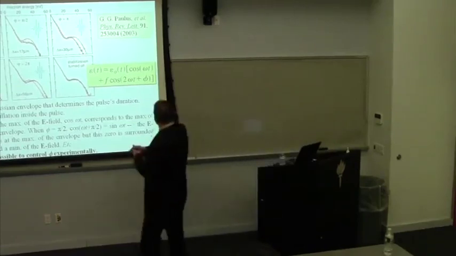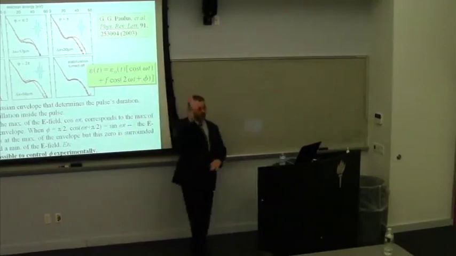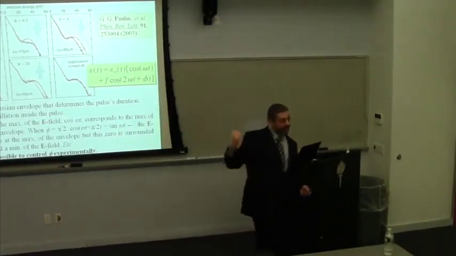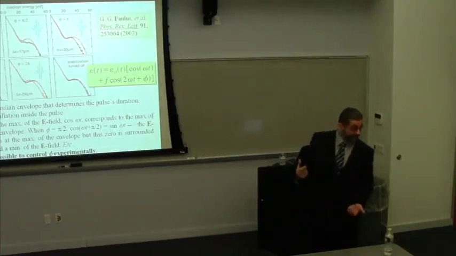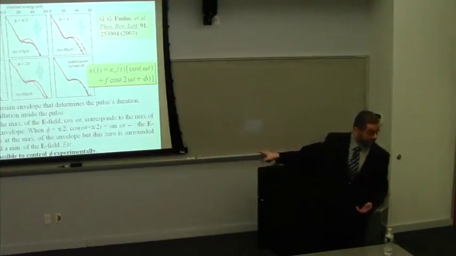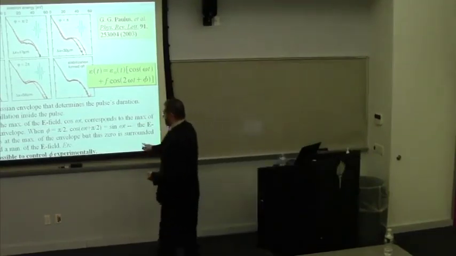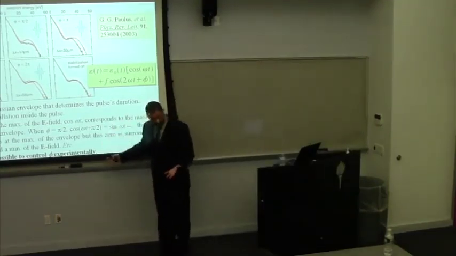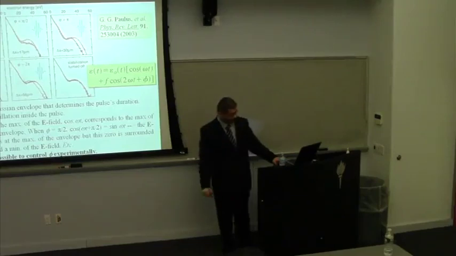Because when phi is 0, that's gone. You're adding two cosine things, they reinforce each other. But if phi is pi over 2, the cosine becomes sine, it cancels. So you have a 0. It's complete destructive interference. So, etc. So the short take-home message: you can control phi that appears in this equation experimentally with a pair of glass prisms.